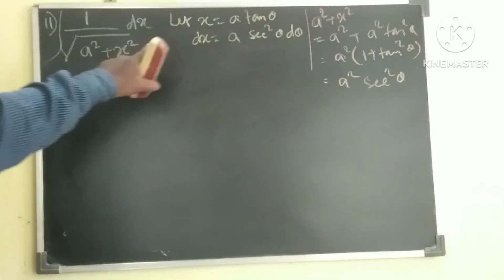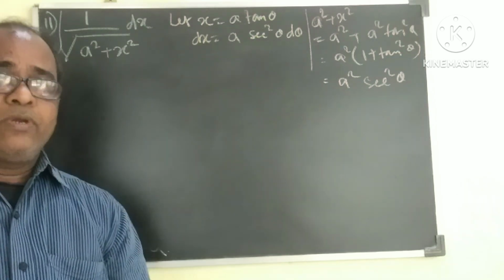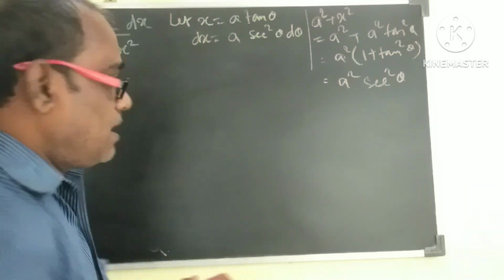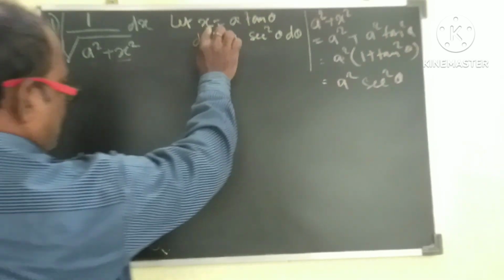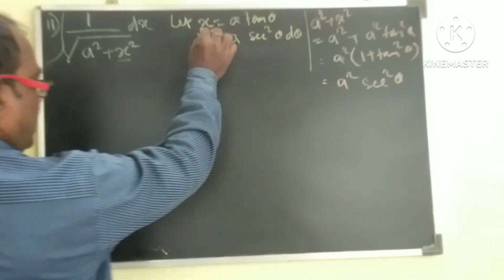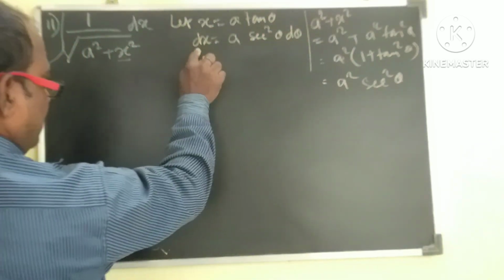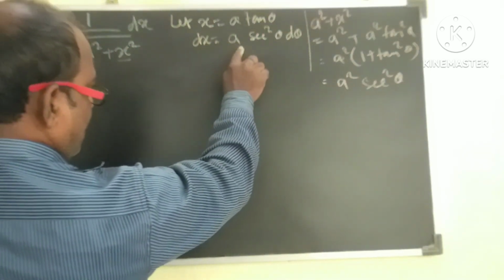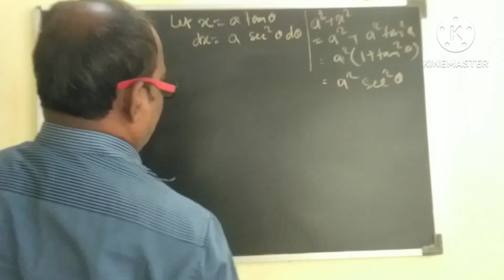Now the integration of the form 1 by root over a square plus x square. We know that 1 plus tan square theta equals secant square theta. So instead of x, let us put x equals a tan theta. Then differentiating, dx becomes a secant square theta d theta.